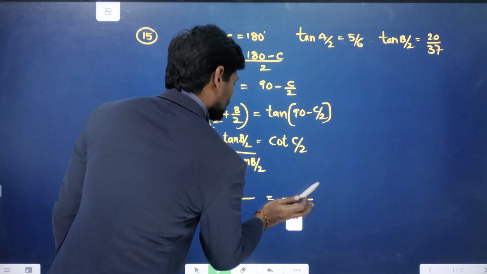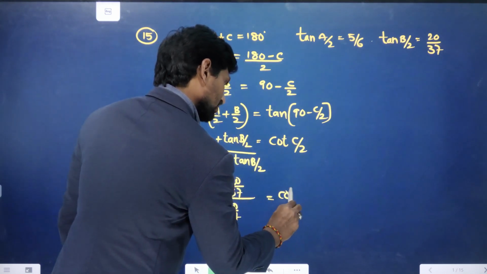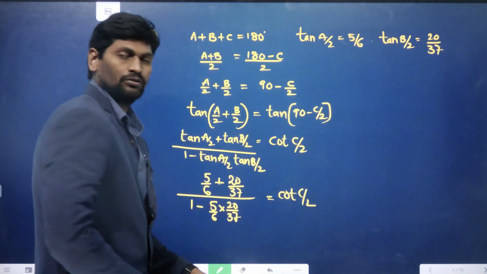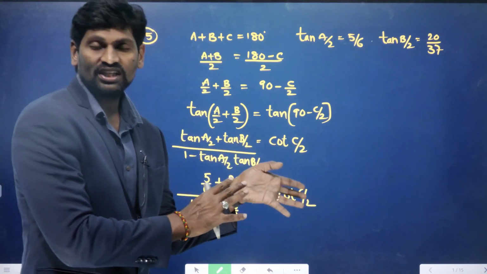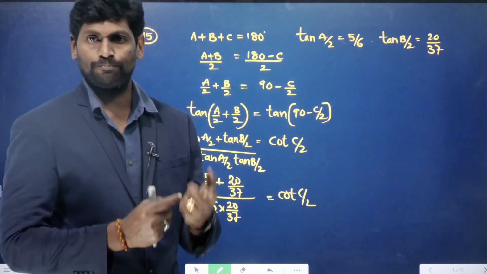Or else, just find the value of cot(C/2), then it's the reciprocal only. The reciprocal of cot is tan, so at last we can take the reciprocal.